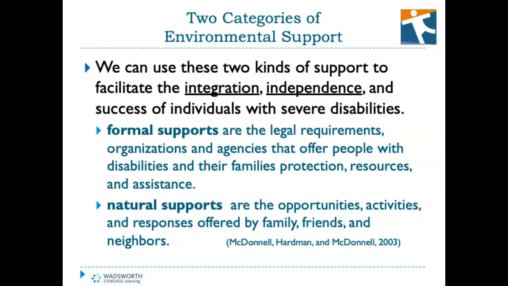But let me get back to this. You have your formal supports and you have your natural supports, as we discussed in previous weeks, and they're basically the same. The formal supports are the things that come based off of legal paperwork. That could be an IEP, could be the IFSP, which is the Individualized Family Support Program that you would get as a parent from the regional center, which is one of the resources that's available to all families who have a child with a disability.